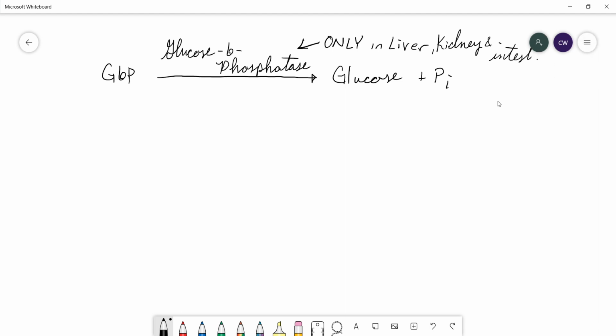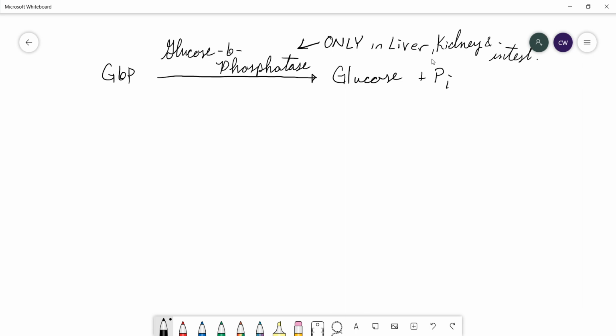So liver, kidney, and intestines. There are no other organ systems that possess this enzyme. Not anywhere else in your body can this take place. Only these 3 organ systems. In fact, not even all the cells in these organs can handle this reaction.